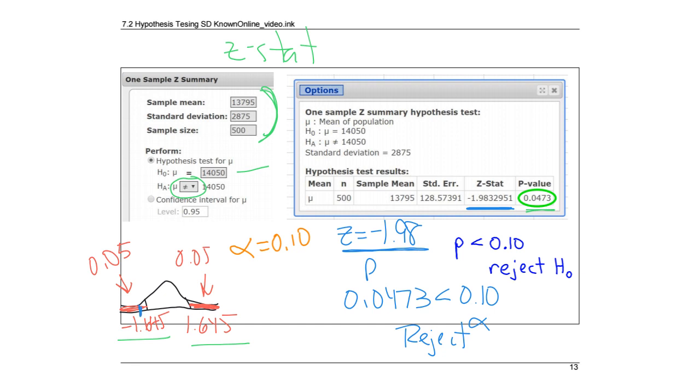And since it's sitting in my rejection region, that also shows me that I'm going to reject. I'm really just proving the same thing. And so let's see, I think that was my claim as well. So since I rejected the H naught, I cannot support my claim.